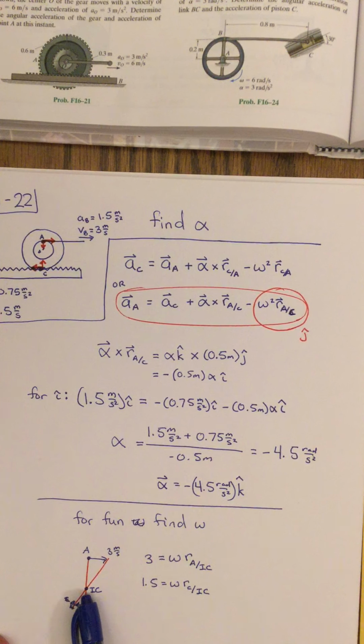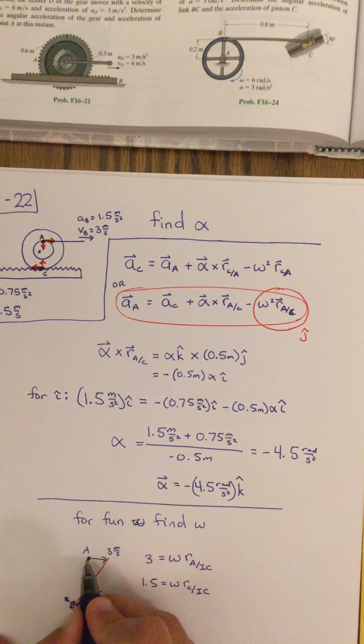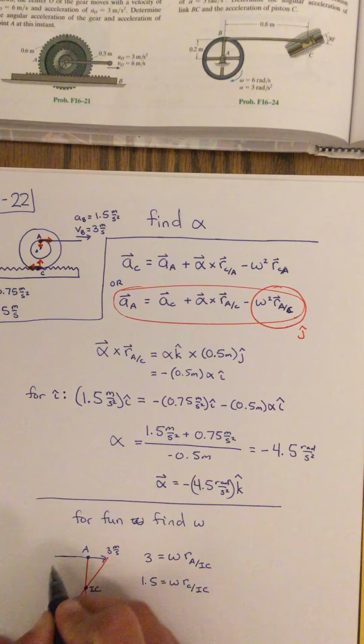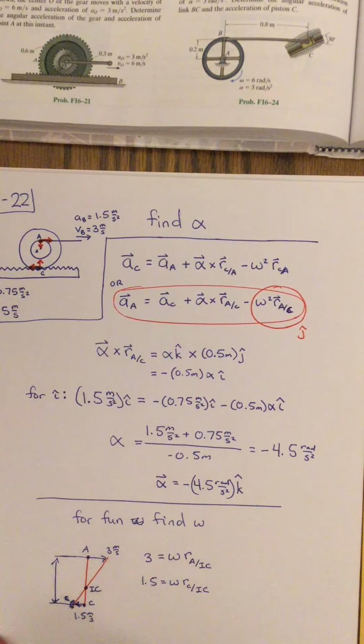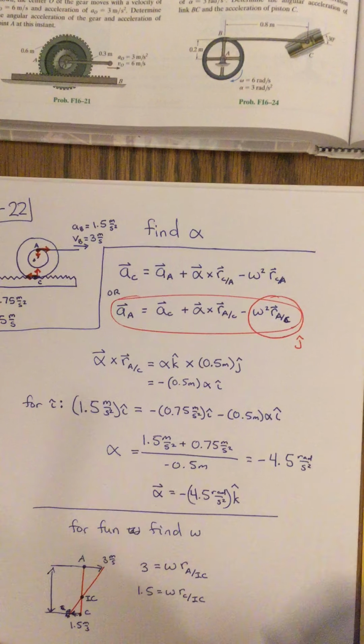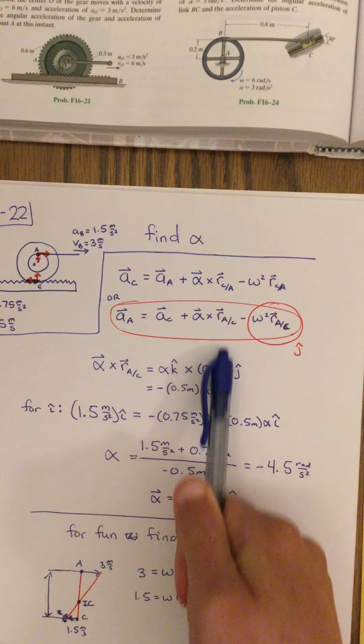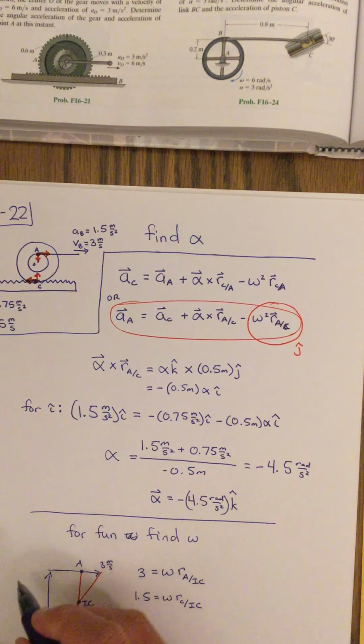I don't know what this distance is from point C to the instantaneous center, but I know if I go all the way from point A to point C, which we did up here to get this vector, that whole distance is 0.5.